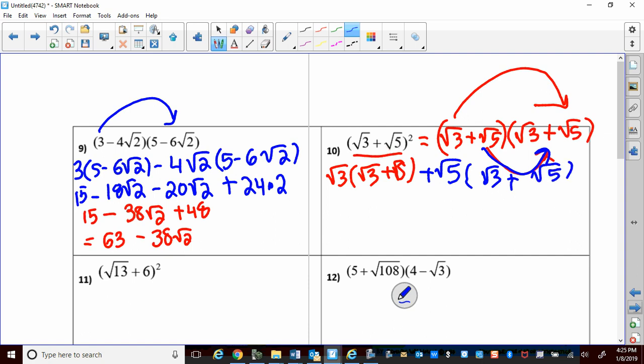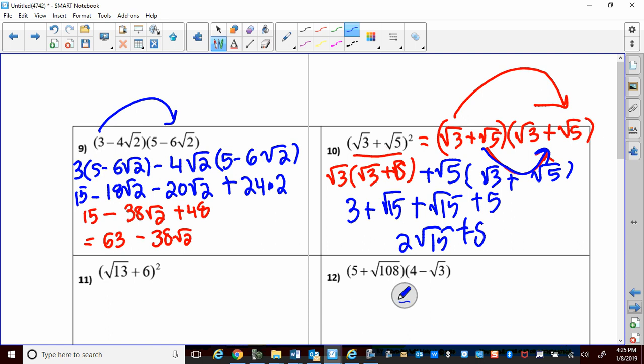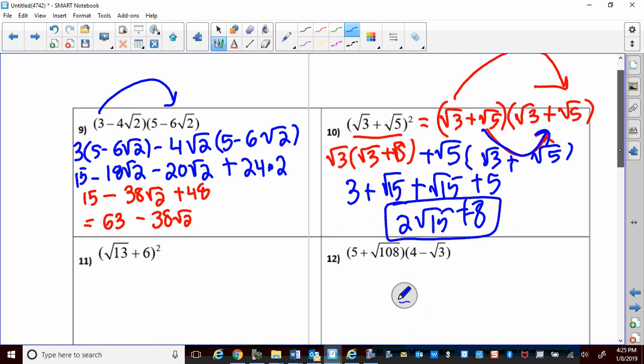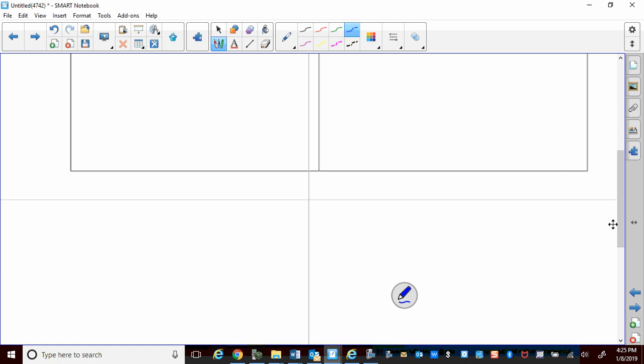Okay, simplify, I get 3 plus square root of 15 plus the square root of 15 plus 5. Simplifying, I get 2 square root of 15 plus 8. So you should be able to do 11 and 12 on your own. All right?